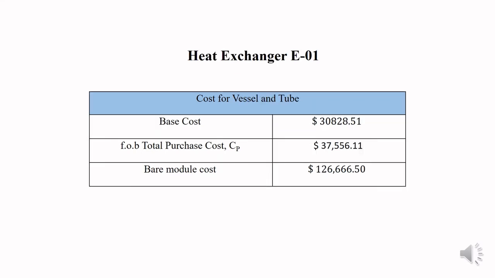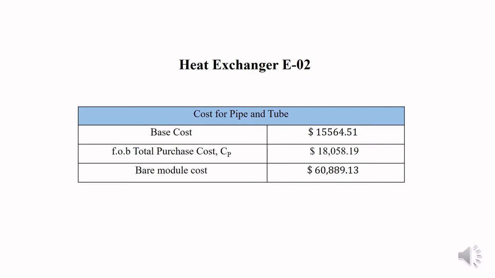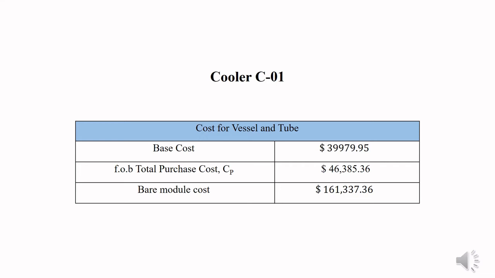Moving into our heat exchanger, for heat exchanger E01, the bare module cost is $126,666.50. And for heat exchanger E02, the bare module cost is $60,889.13.